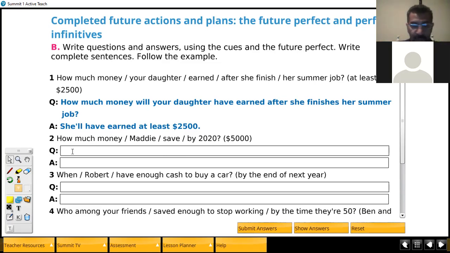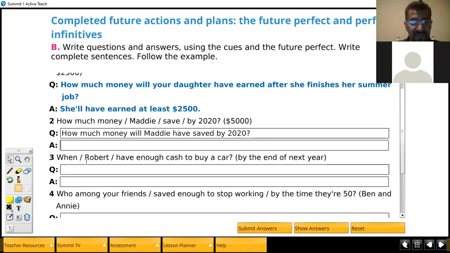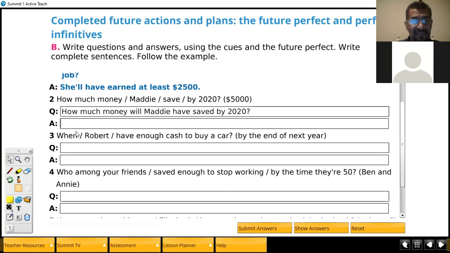How much money will Maddie have saved by 2020? Okay, you have the question. Now, what is the answer? Remember that you have to use 5,000.